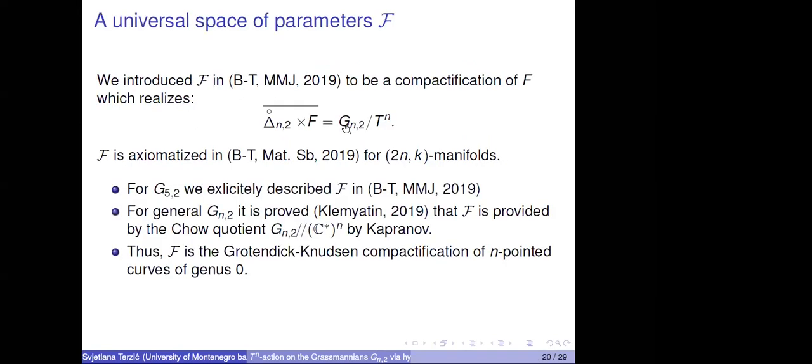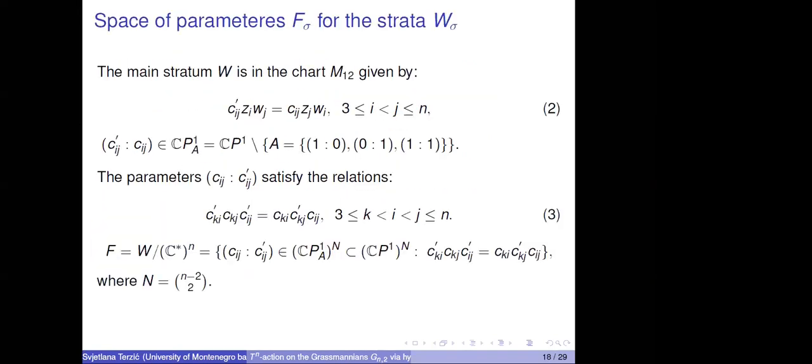And then, since the main stratum is a dense set, if we put in this equation the condition of an arbitrary stratum, so that some coordinates zi, some wi are 0, then we will get that some Zij prime are 0, 1, 1, 0, or if on both sides we have 0, we get that Zij has a singularity.